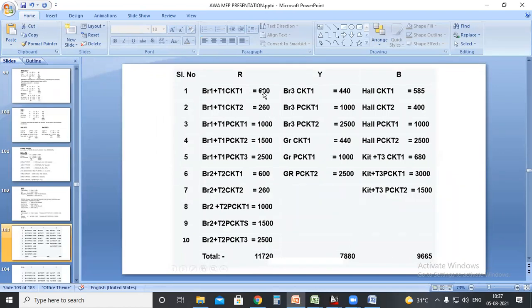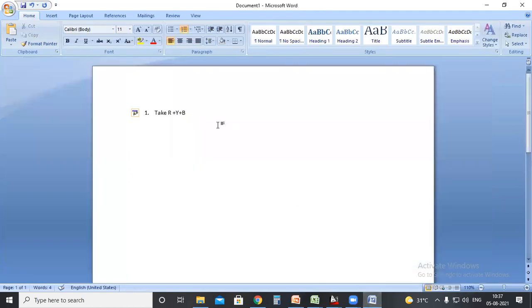You'll be adding all the R phase load together, so you will get the R phase load. Then how will you get the Y phase total load? You will be adding all the circuits arranged in the Y phase, and you will get the Y phase load. B phase also similarly, you will get the B phase total load. So what will be the total value? R plus Y plus B, yeah, 29,265.